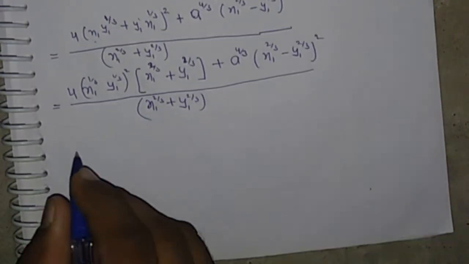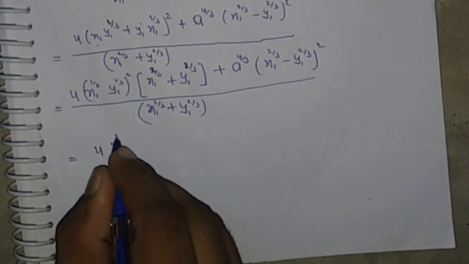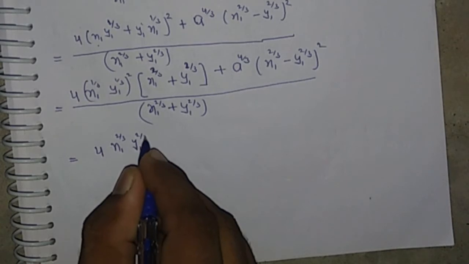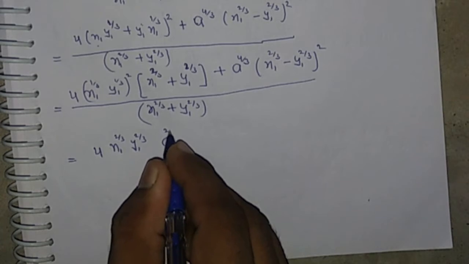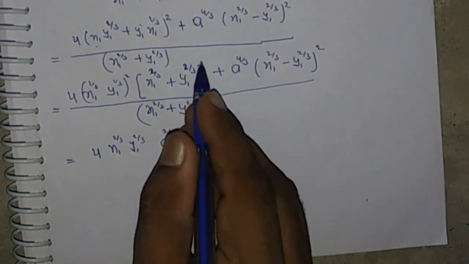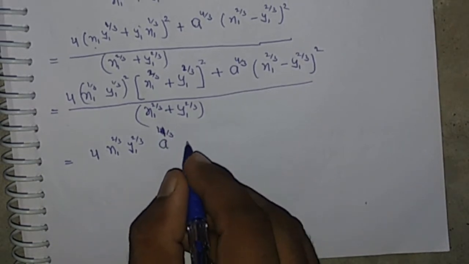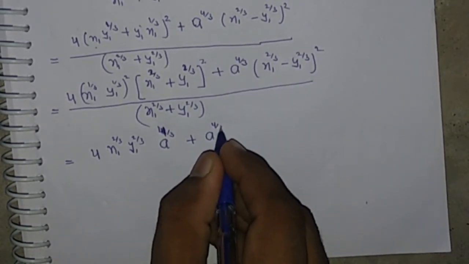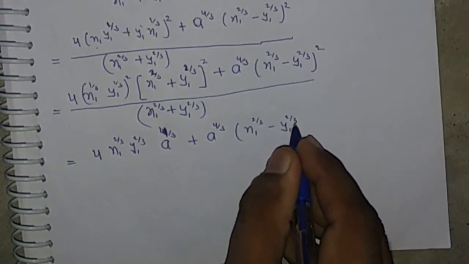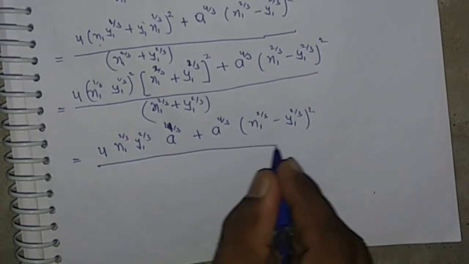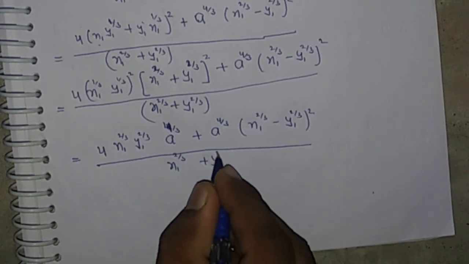Now we have 4 into x1 to the power 2/3 y1 to the power 2/3, and x1 to the power 2/3 plus y1 to the power 2/3 is the value of a to the power 2/3, square means a to the power 4/3. So a to the power 4/3 plus a to the power 4/3 times x1 to the power 2/3 minus y1 to the power 2/3 whole square by x1 to the power 2/3 plus y1 to the power 2/3.